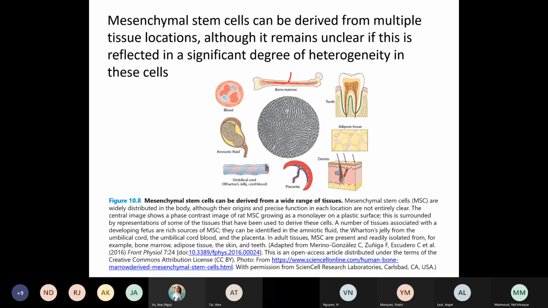So that's why, if in the future your wife or yourself or somebody from the family gives birth, usually the doctor may ask, do you want to collect the umbilical cord blood, put it into a tissue bank, or do you want to collect the placenta?